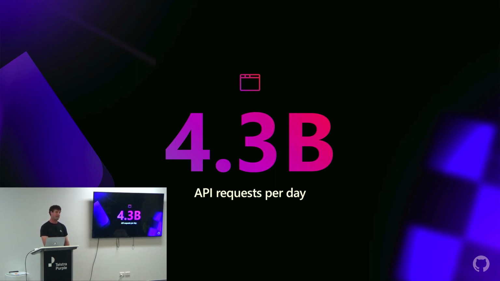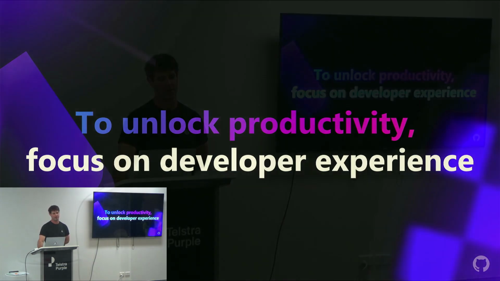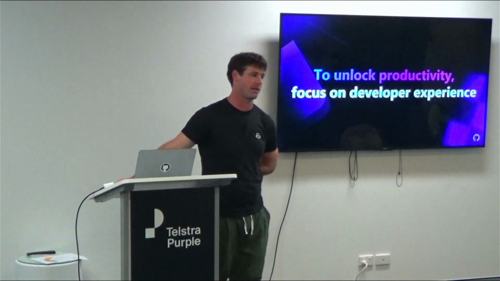So that's a pretty decent metric. So with these massive numbers, the more we can save developers' or engineers' time, the more that improves their lives and the more that improves the product ideally. So the one thing that we've landed on to improve productivity is you focus on the developer experience, like what happens day to day.